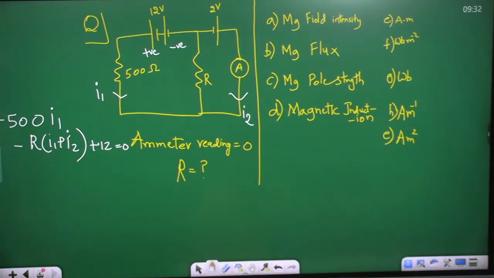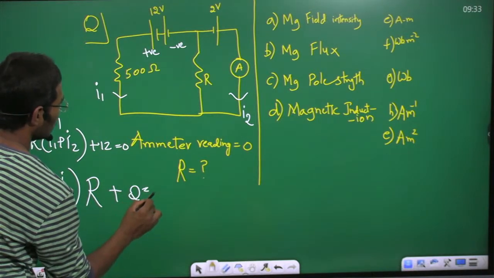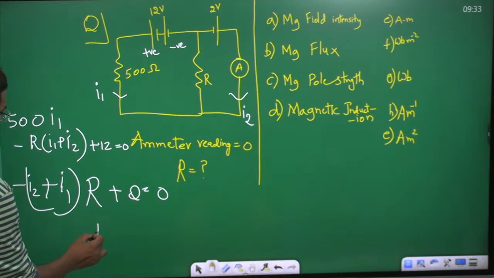If I try to take the right loop, the current will be in this direction, right? So minus I2 R1, sorry, minus (I1 plus I2) into R plus 2 is equal to 0. So if you solve this, you get R as 100 ohms.